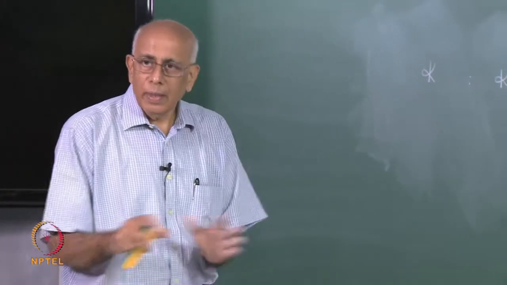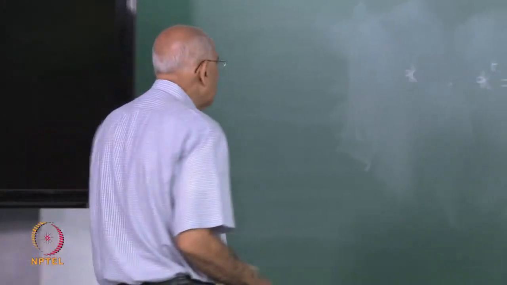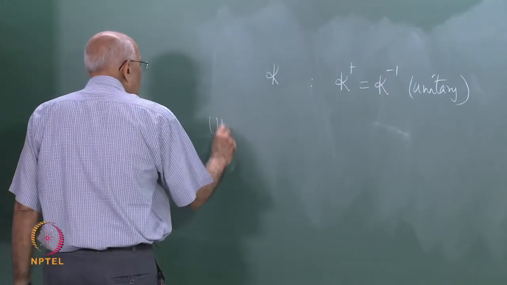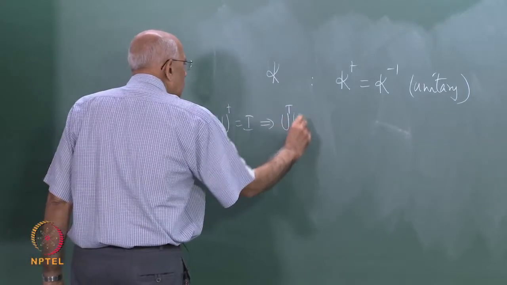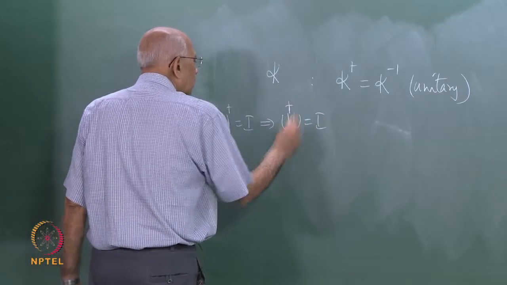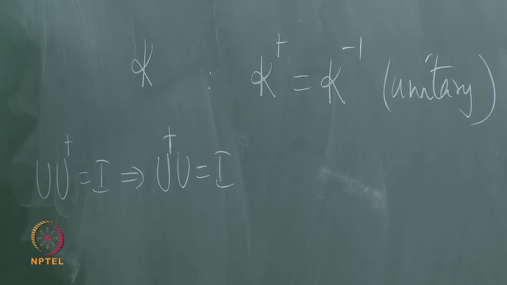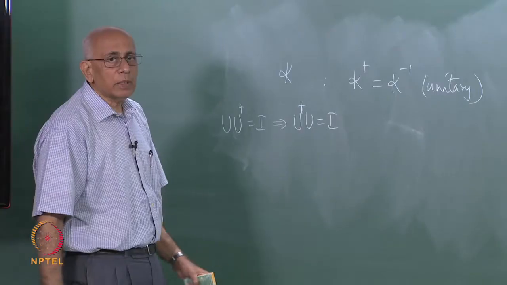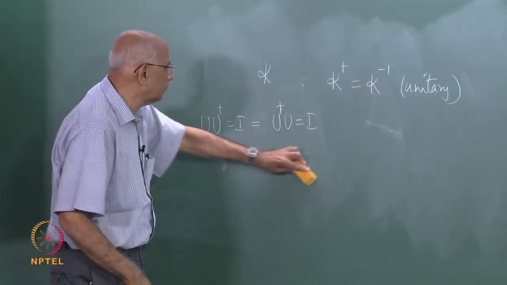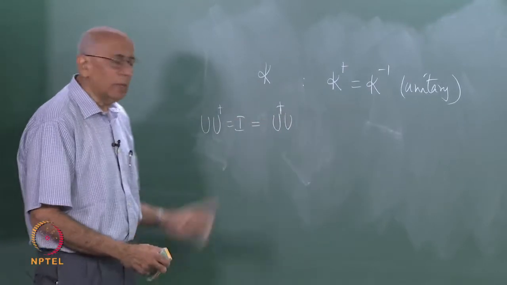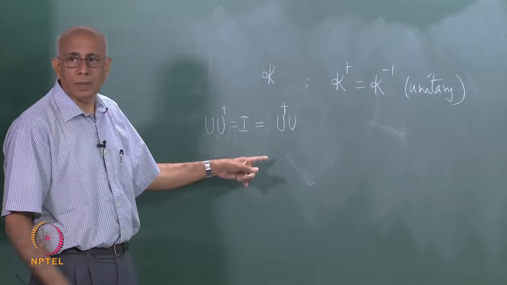If you have finite matrices, then there is no problem, because for finite dimensional matrices, if u u dagger equals I, this will imply that u dagger u is also equal to I, because then the right and left inverses are the same. But in an infinite dimensional space, this is not guaranteed. Unitarity requires both these conditions, they are different conditions.